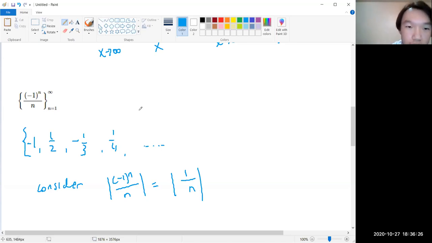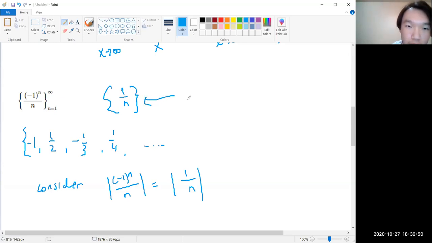And then this particular sequence here, 1 over n, that one is pretty obvious as to where it goes, right? Where does this sequence go?